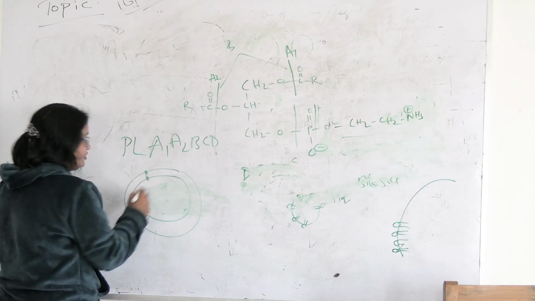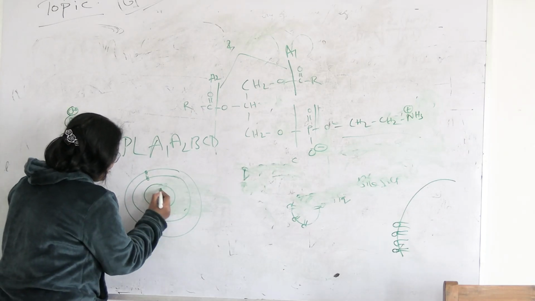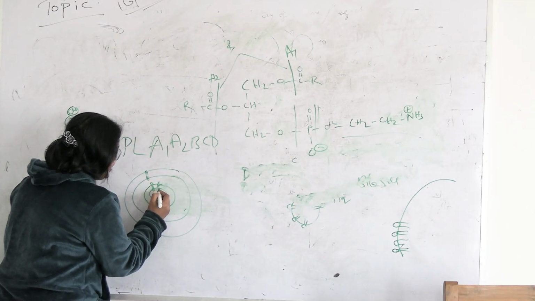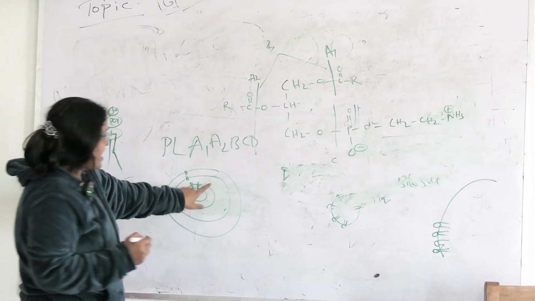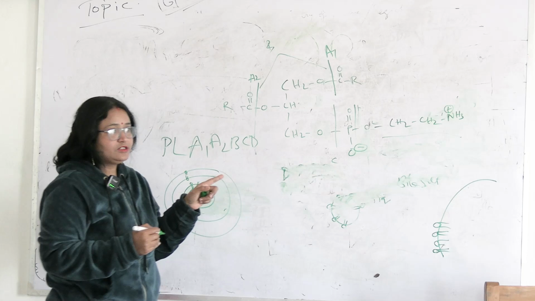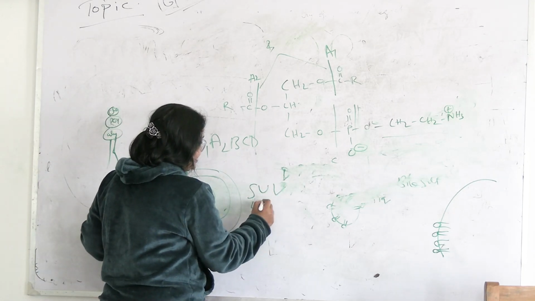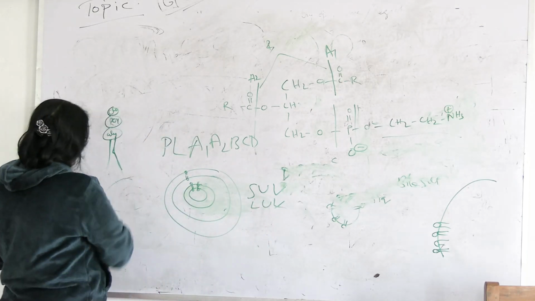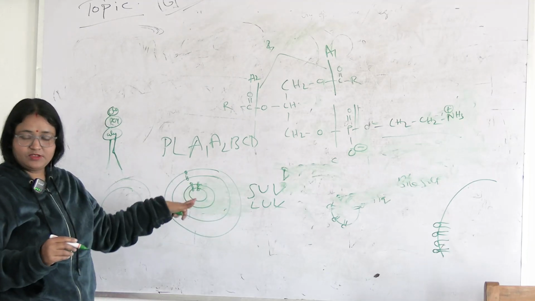This is unilamellar, a single liposome, and multilamellar means we have many phospholipid bilayers. We also have small unilamellar vesicle and large unilamellar vesicle, where the single phospholipid bilayer can be small or large. So, these are the types of liposome.